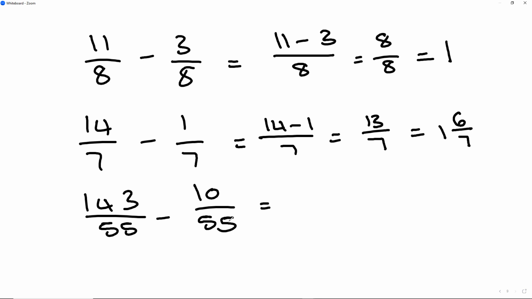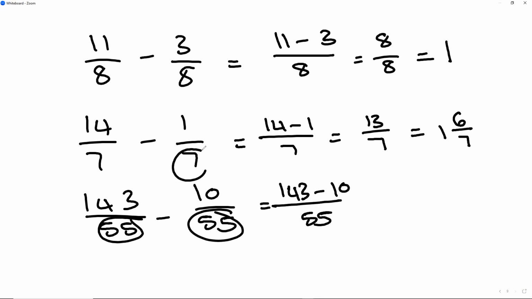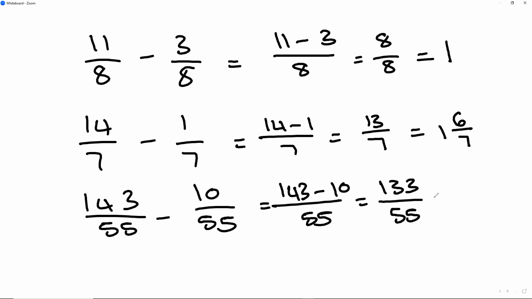Alright, now 143 minus 10 over 55. What do we notice in each case? The denominator is the same. 143 minus 10 will be 133 over 55. Now 55 can go into it 2 times, which will give you 110.